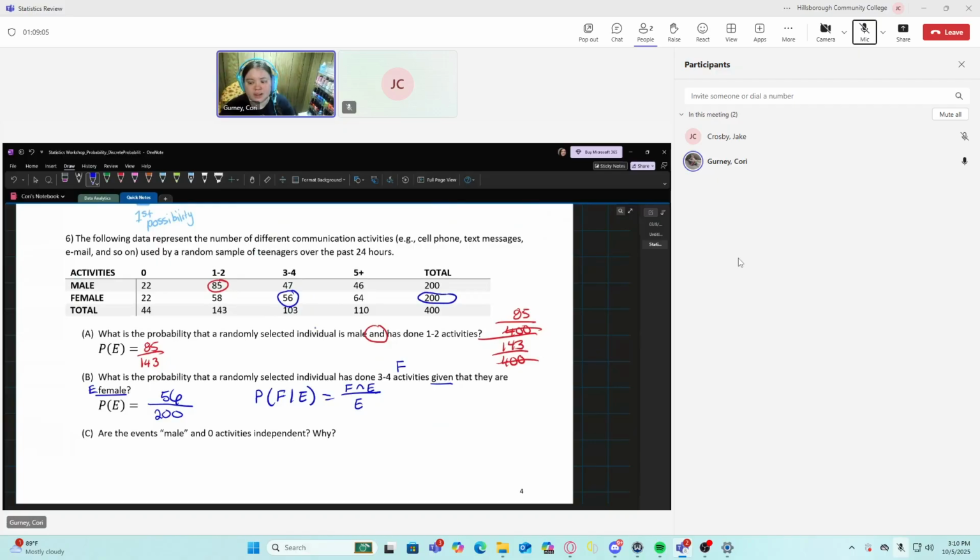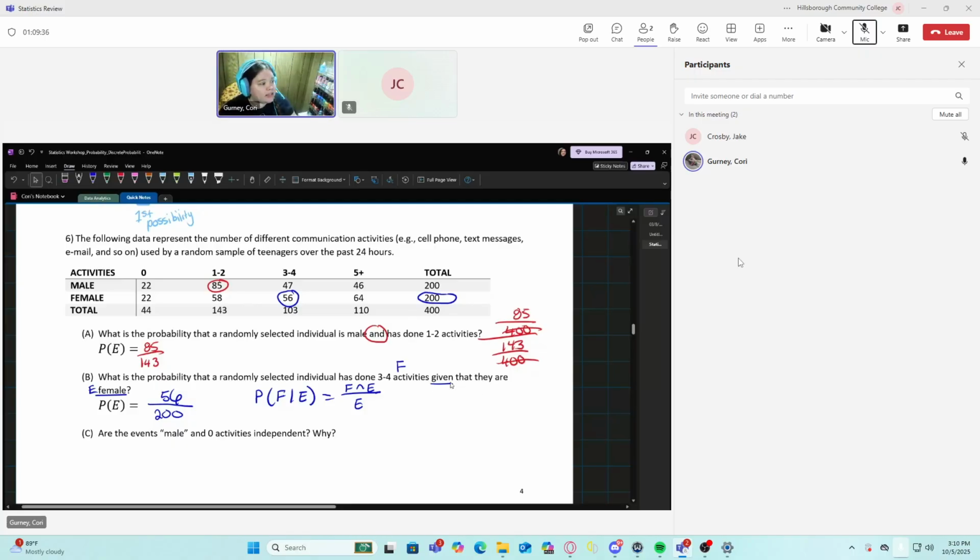Oh, because E is how many females there are. Female is required. You have to have that because it's given that they are female. Okay, so we wouldn't even think about the 3 to 4 males. 3 to 4 activities is what I want, but they're female. So the total number of females is what I need. Okay. So then you would use 200.